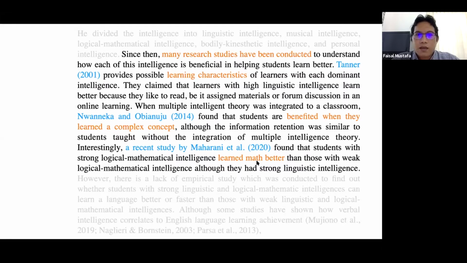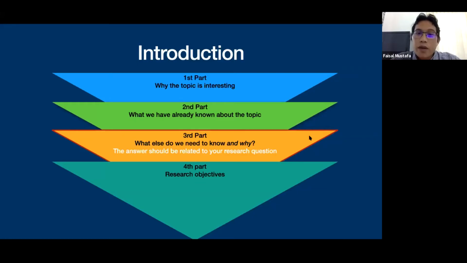And then you present what we have not yet known, so that you are presenting the research gap. Many books refer to that as the research gap. Based on what we have already known, you present what else we need to know, and why we need to know that, if it is not already clear.